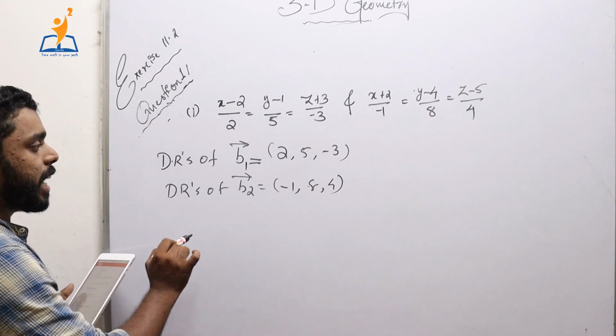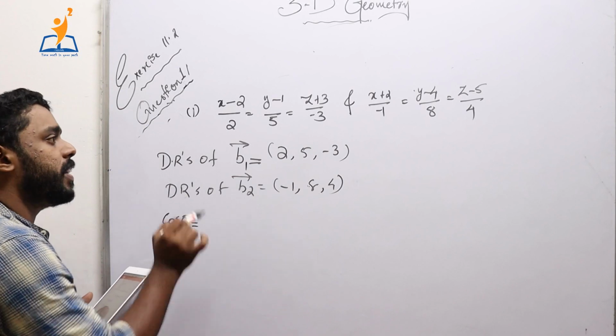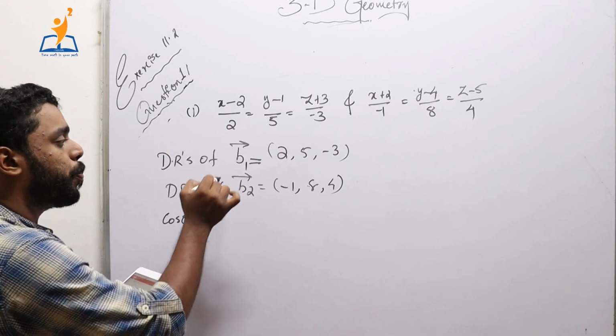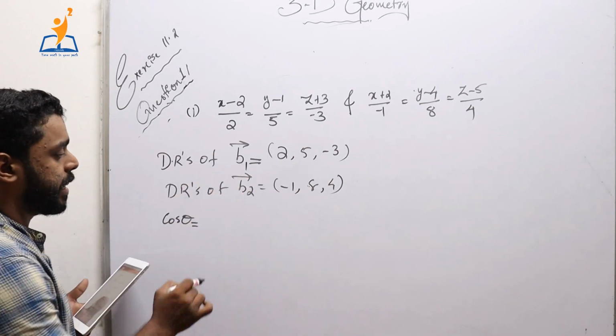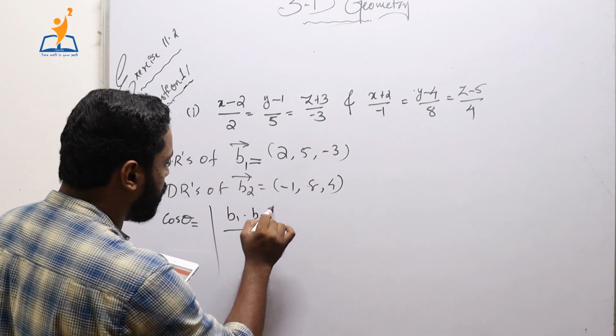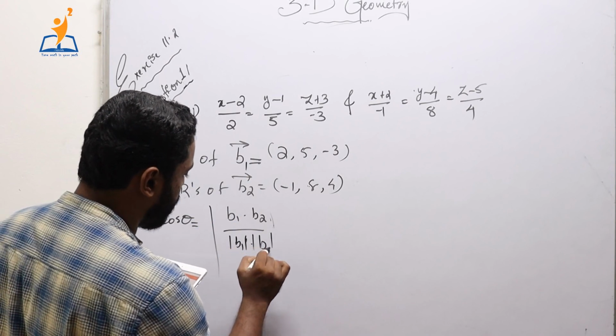Now we can find cos theta, the angle between these two lines, which is also the same as the angle between two parallel vectors. It is equal to modulus of b1 dot b2 divided by mod b1 into mod b2, isn't it?